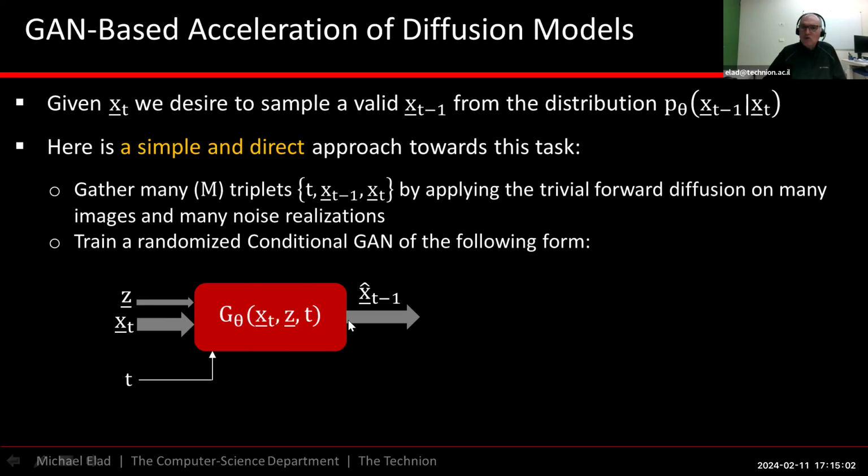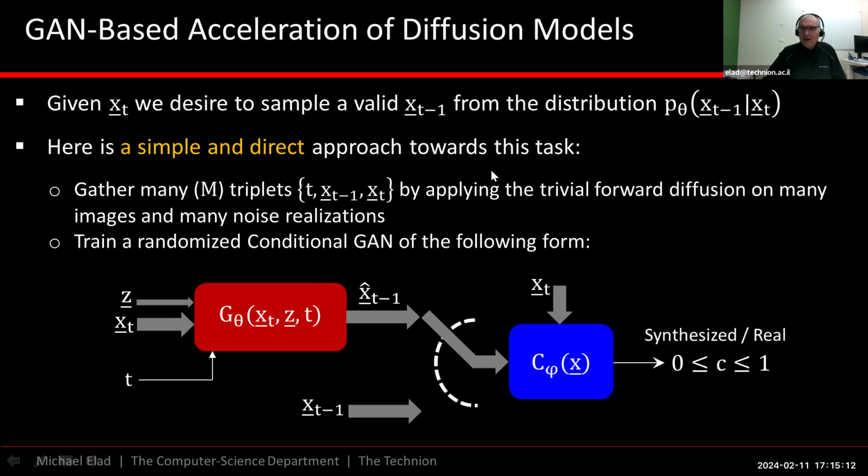So this is a randomized machine. Good. So you have xt minus 1 hat. How do you know that this is a valid sample? What you do is to match it with the xt minus 1 that you do have in your examples. You feed it to a critic, sometimes the true xt minus 1, sometimes the generated one. And if the critic can tell you which is which, by the way, the critic itself is also getting xt.